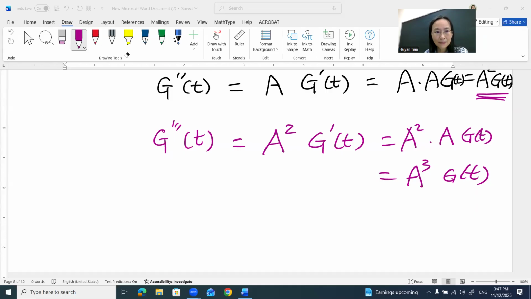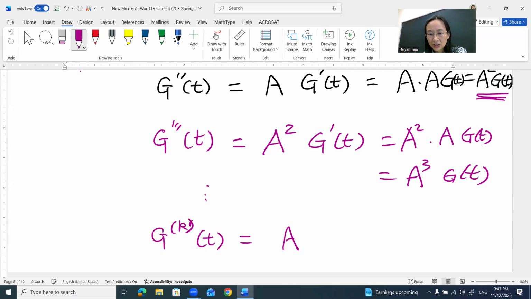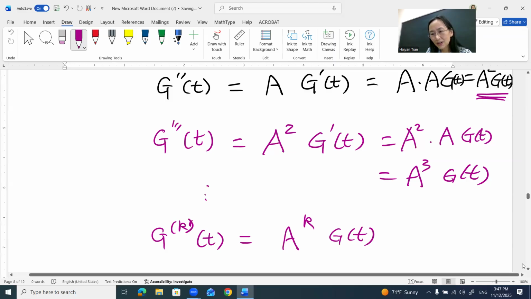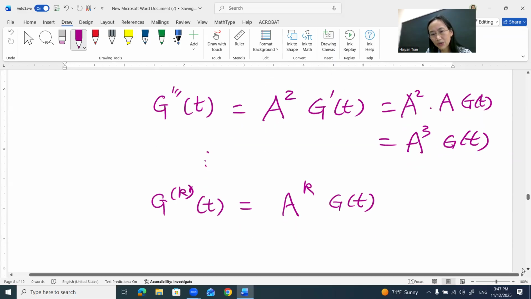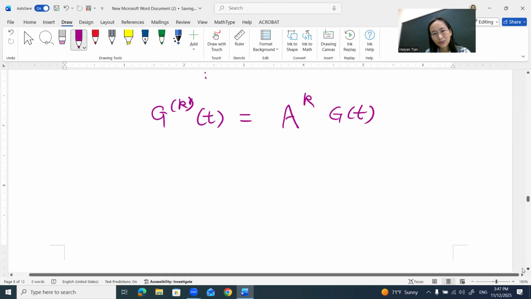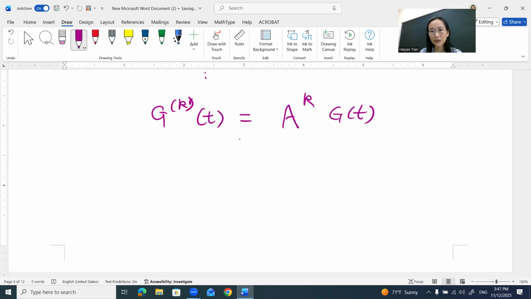So then we can summarize: what is the pattern? If you try to get the K-th order derivative of the fundamental matrix, it's just A to the K-th power times G at T. So for a constant coefficient matrix A, we get the K-th order derivative of the fundamental matrix easily.